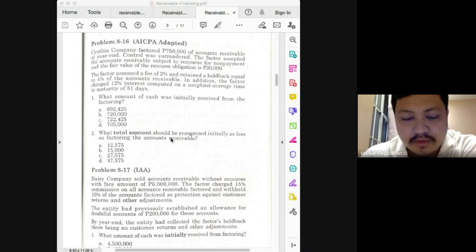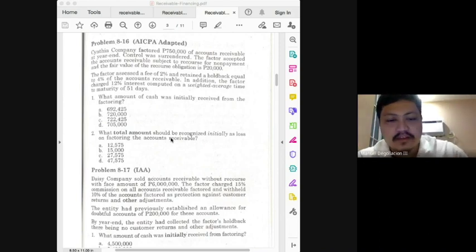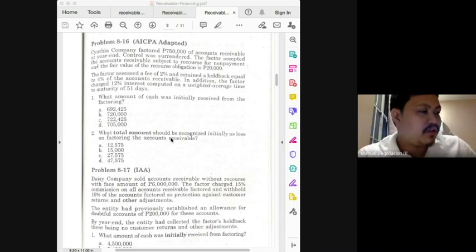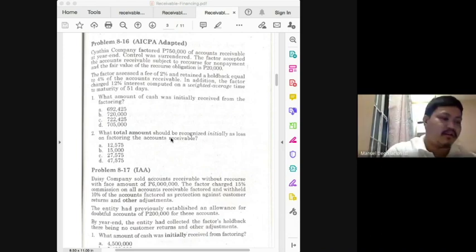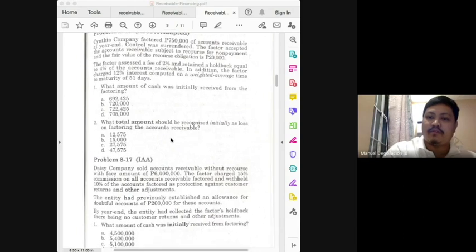And then the recourse obligation is 20. Again, remember that the recourse obligation will form part of our loss on factoring. And then you get the factor's fee of 2%. That would give us 15,000. 2% of 750,000 is 15,000. This would give us 47,575. Okay. So the problems are very straightforward, class.